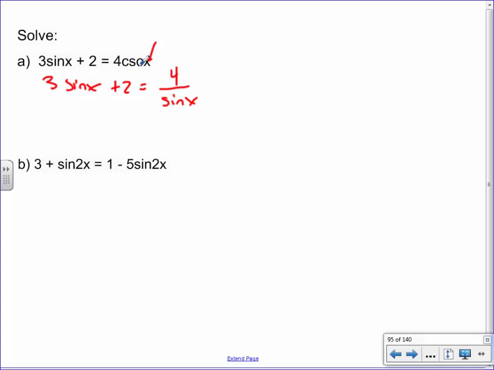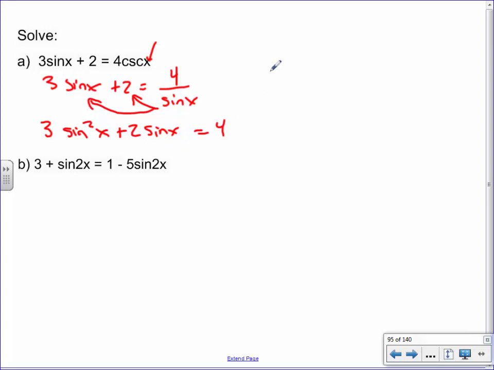Now this may seem a little odd to you, but I'm going to then get rid of the sine x on the bottom of the fraction by multiplying it to the other side. And what it's going to do is make 3 sine squared x plus 2 sine x equal 4. Essentially, I'm distributing it across both of these guys right here.